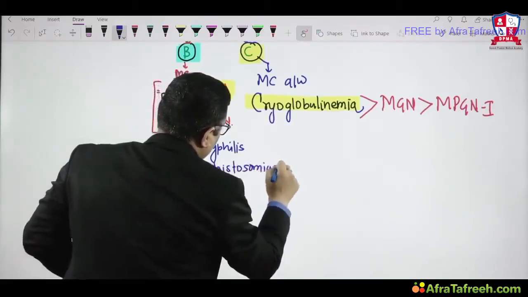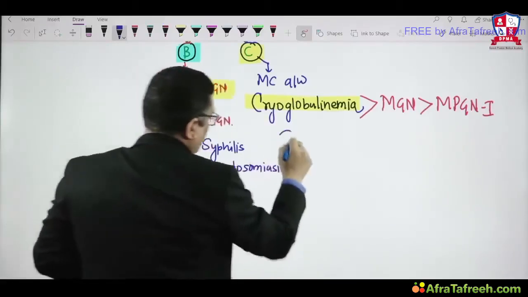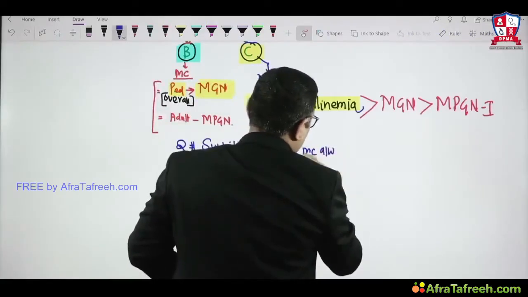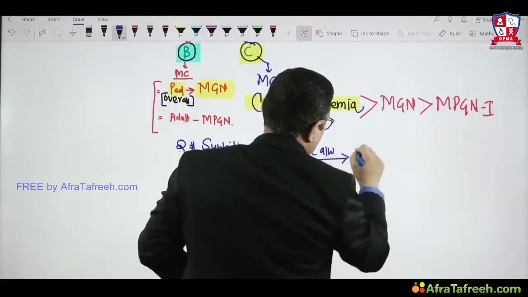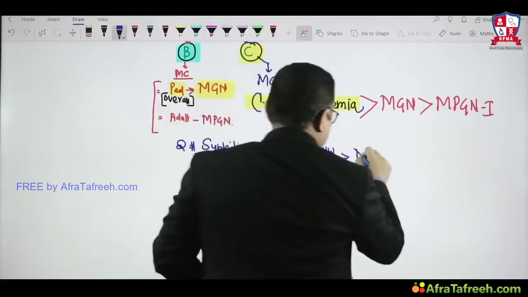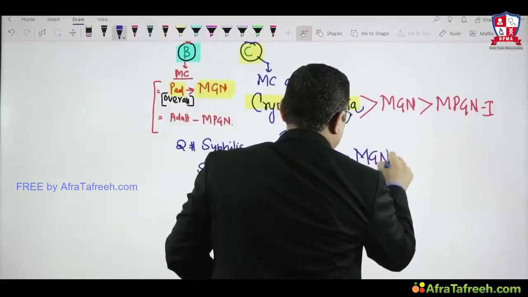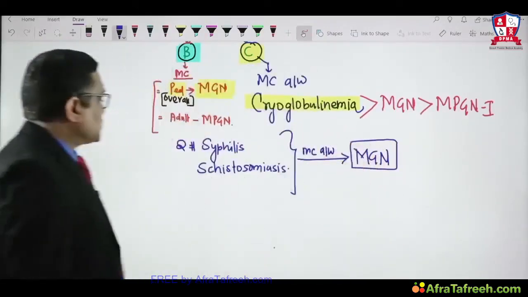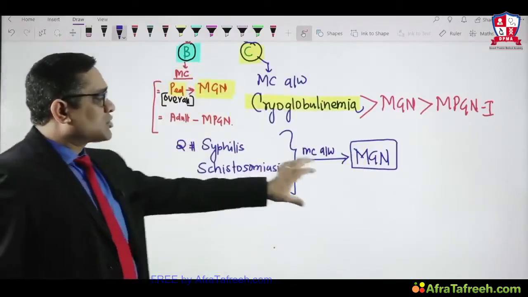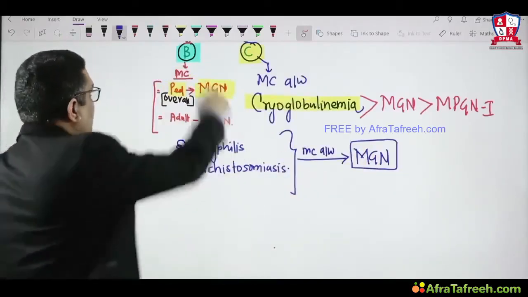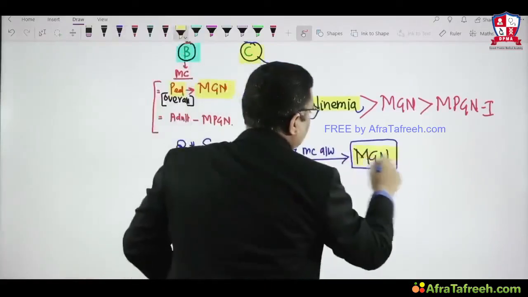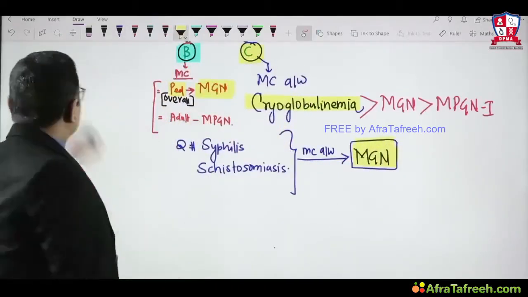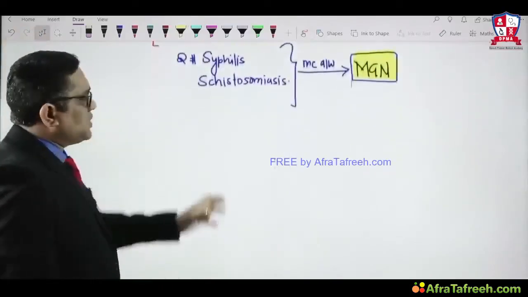Syphilis and schistosomiasis both are most commonly associated with membranous glomerulonephritis. That is another important point to keep in mind from the exam point of view.